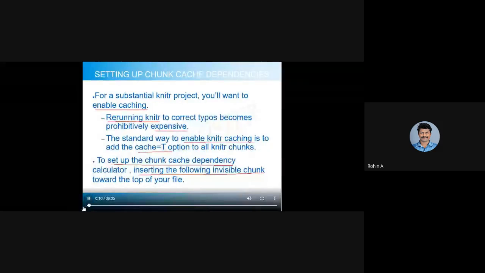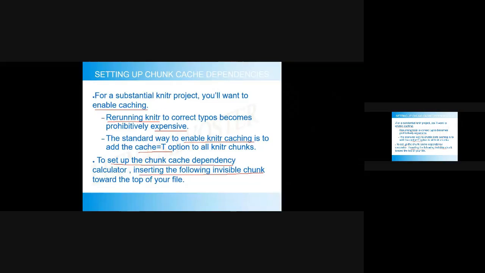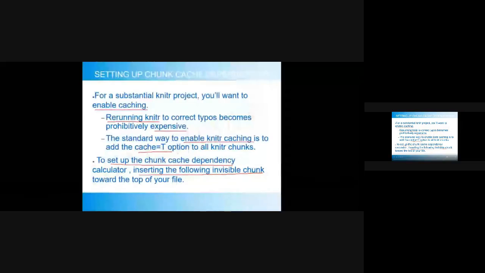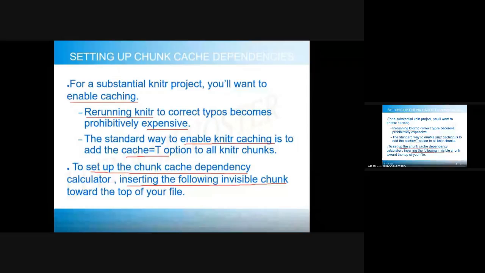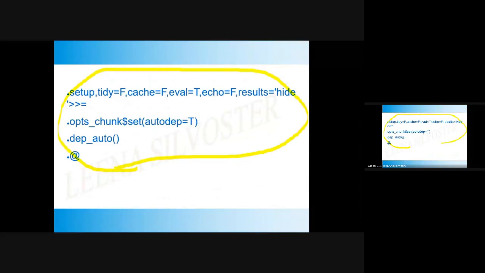Meter cache. For a meter project, you need to enable the caching. Rerunning meter is expensive, so enabling meter caching is done using cache equal to T. To set up chunk cache dependency, insert the following invisible chunk at the top of the file, so that the chunk options will be invisible.